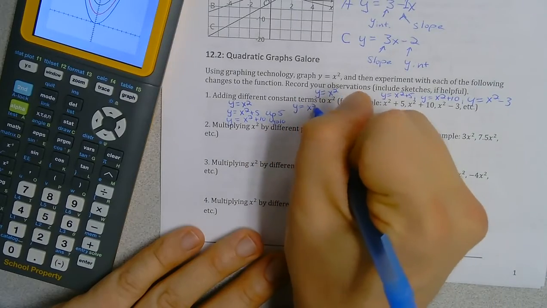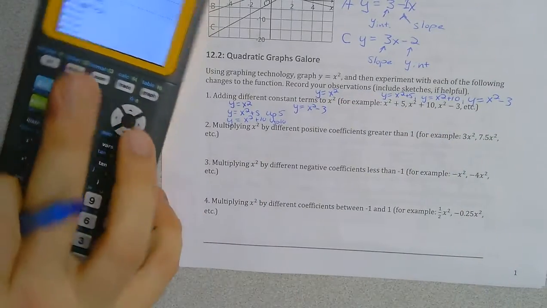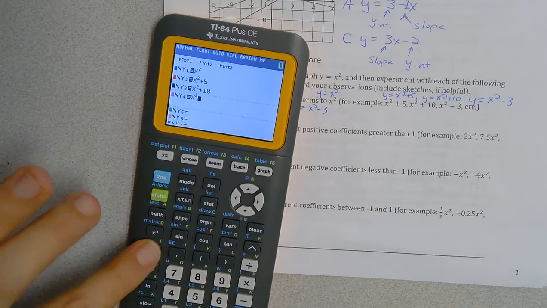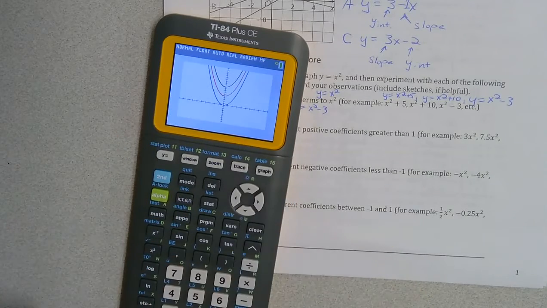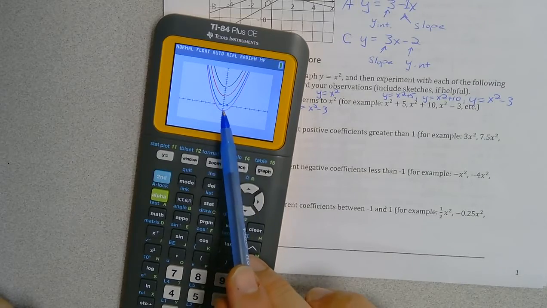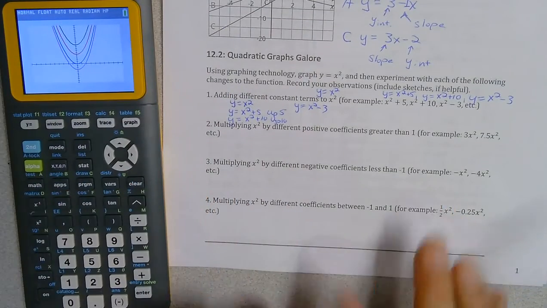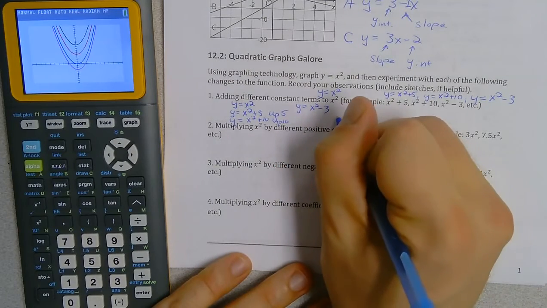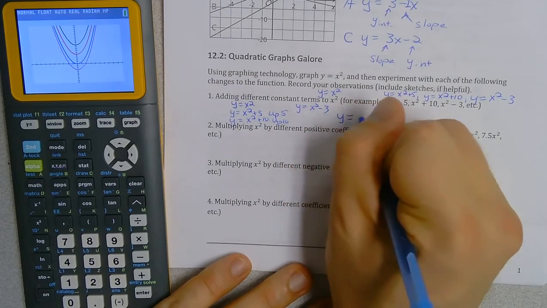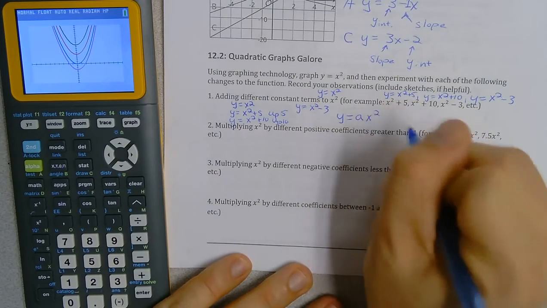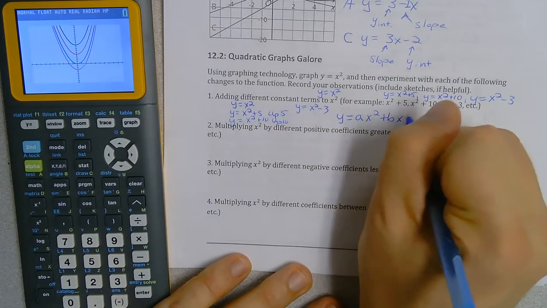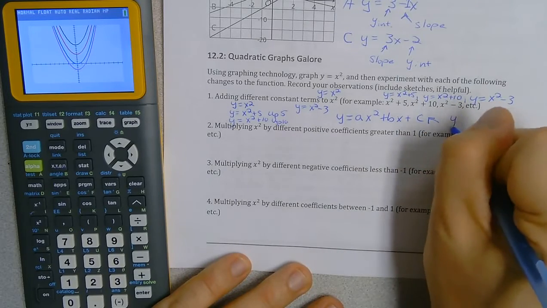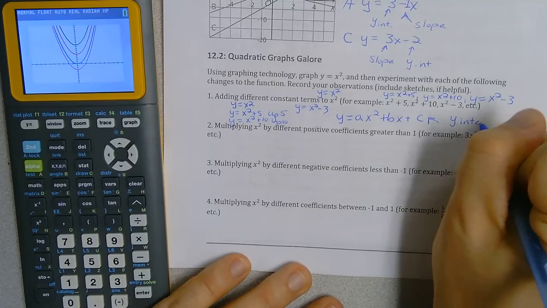So y equals x squared minus 3. When I graph that, I can see that the graph shifted down 3. So it looks like in general, for y equals ax squared plus bx plus c, that c is my y-intercept.